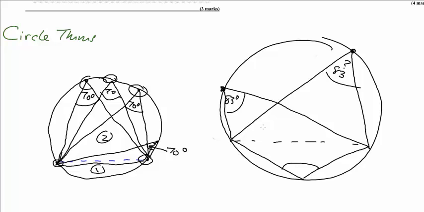You can't tell anything, you have no clue what that is. If you've got a chord and the third point is on one side, then any other third point on that side will have the same angle. But on the other side, you know nothing. However, if someone told you this one was 53, then this one would also be 53 because it's on the same side of the chord.